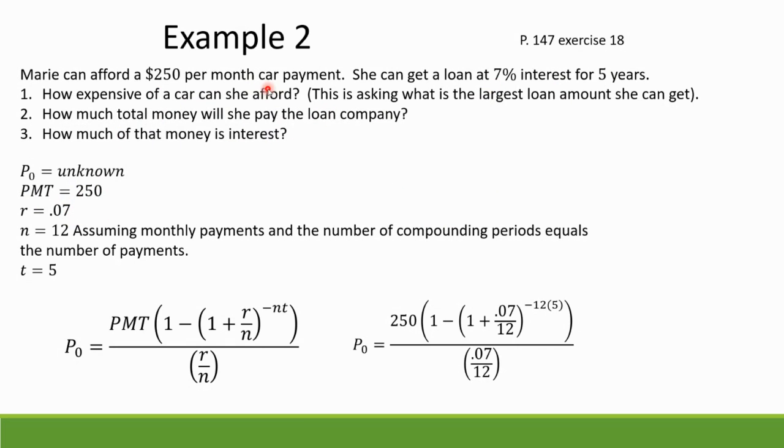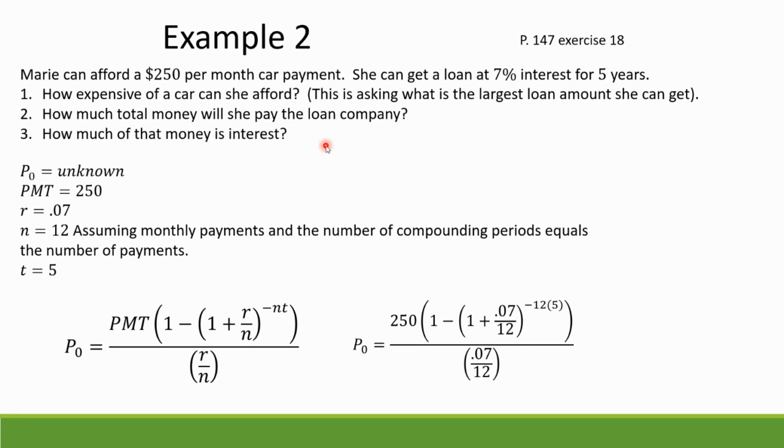Now remember, we're assuming she's making monthly payments. I know in the other one with the mortgage, I didn't write down monthly mortgage payments. But here, it's explicitly stating per month, monthly payments. That means the loan, the account, is compounded 12 times a year.